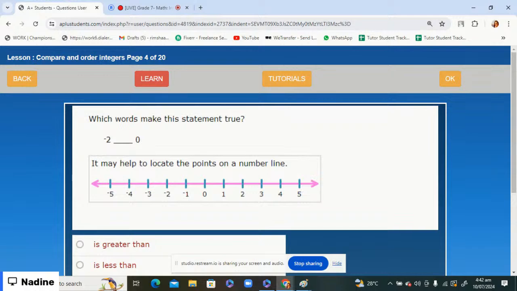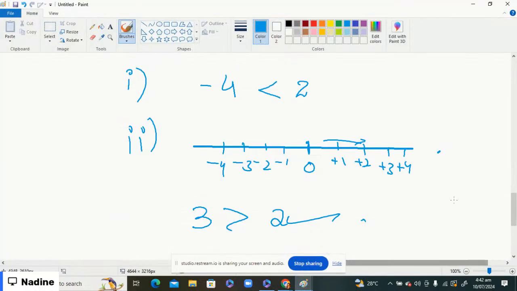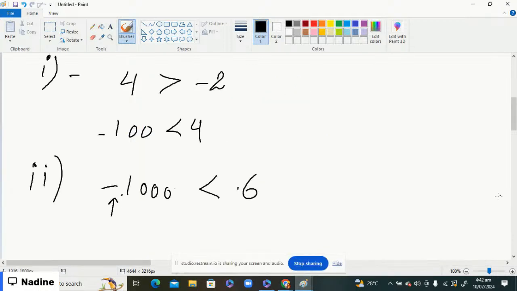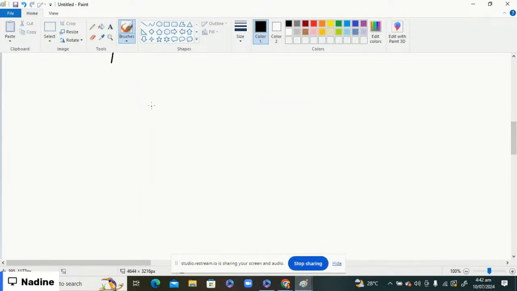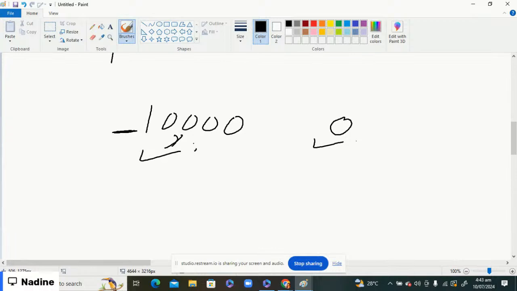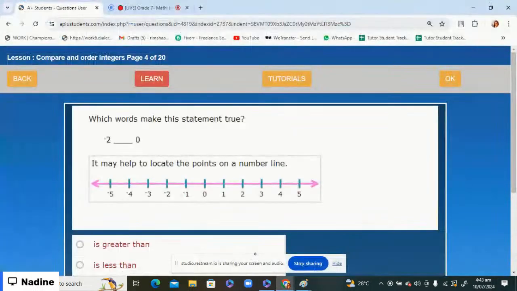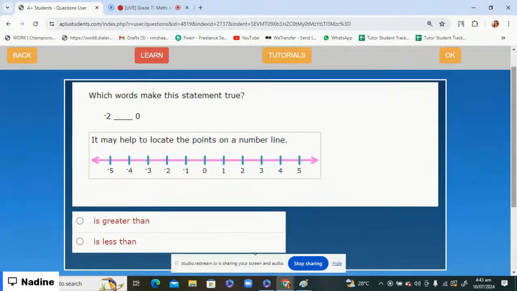Now it's minus 2 and 0. Look here. If you have some rupees, maybe 1000 or 10,000, but with a negative sign, and here you have nothing, that is 0, still 0 is greater as compared to this number. So minus 2 is less than 0. Got it?